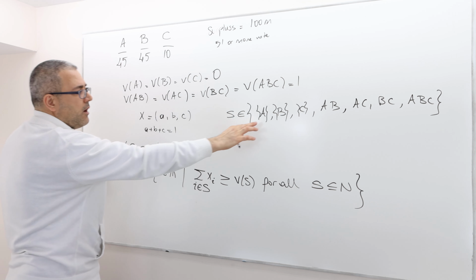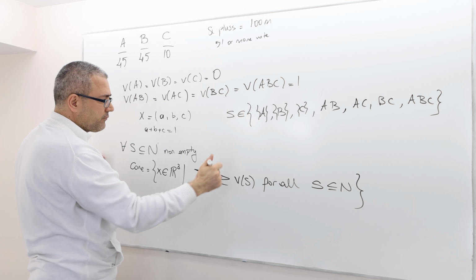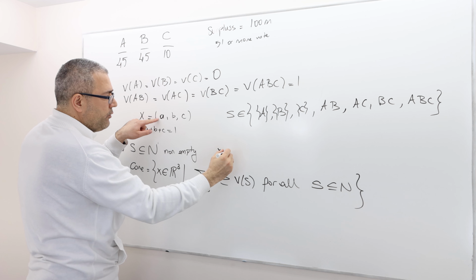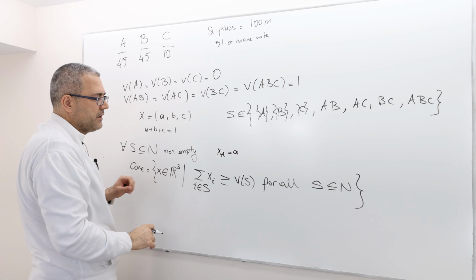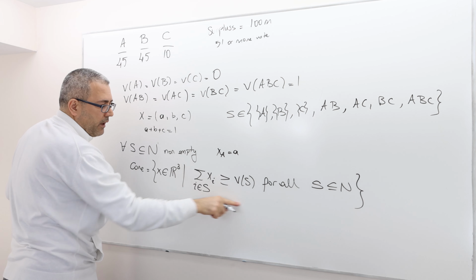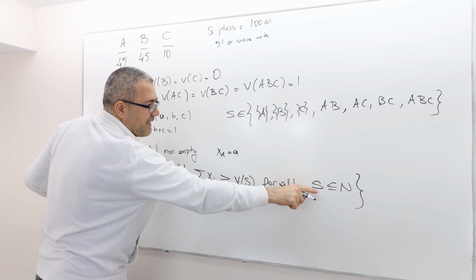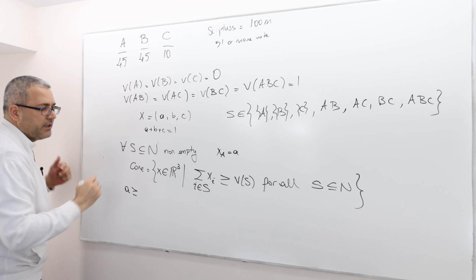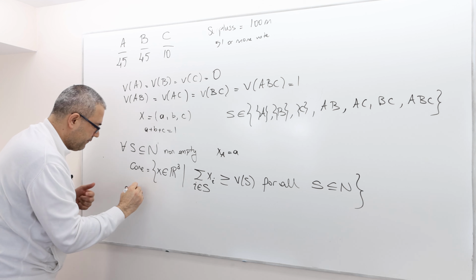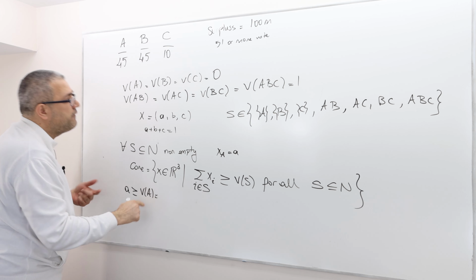So what are they? Well, remember x_A, I'm going to use the notation A because, trust me, it's going to make my life easier later. So this one, for example, when S is equal to A, basically means the following: A is greater than or equal to V of A. What is V of A?